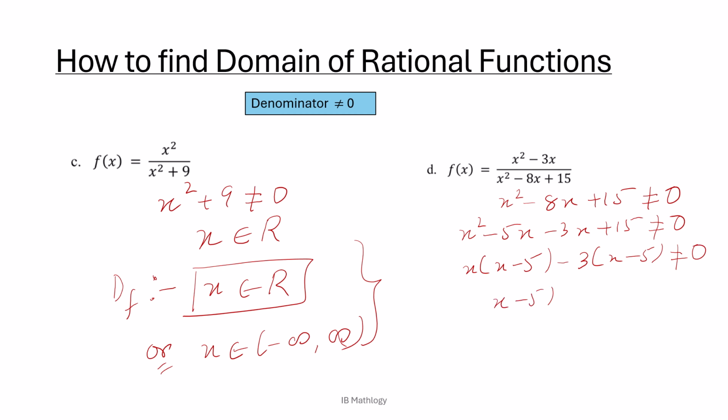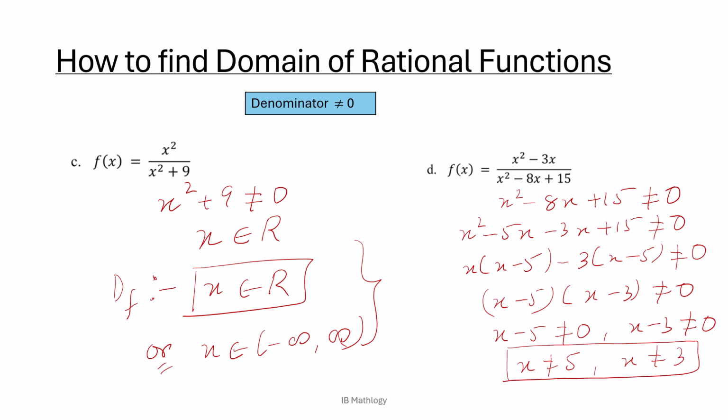Again I can take x - 5 common, so I am left with these two brackets. Now x - 5 is not equal to 0, or x - 3 is not equal to 0. From this I get that x cannot be equal to 5, and from this x cannot be equal to 3. So I can write the domain of the function as x belongs to R except 3 and 5.